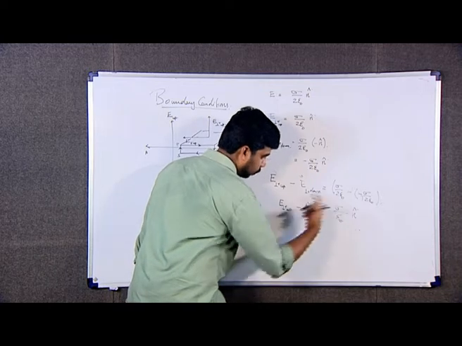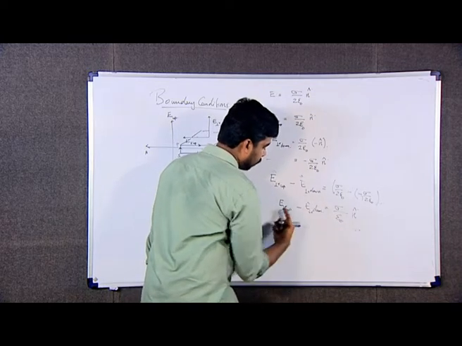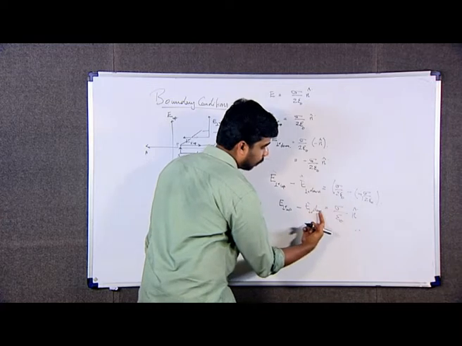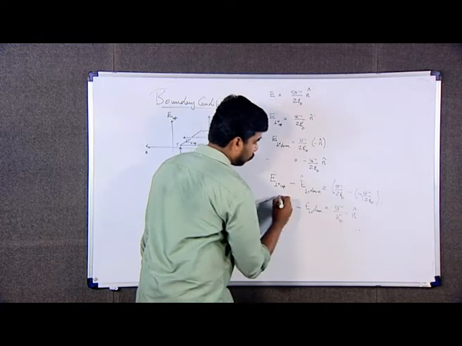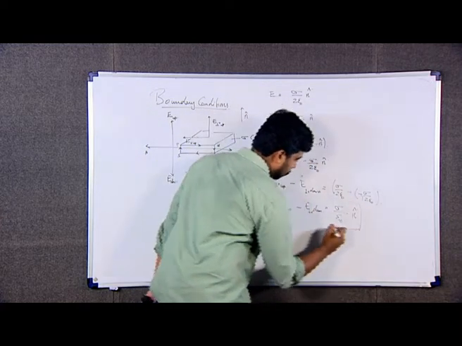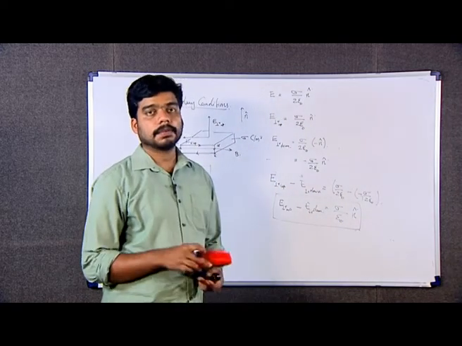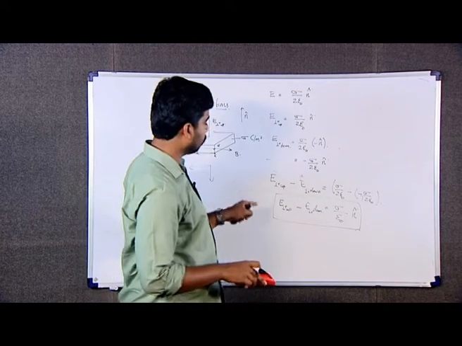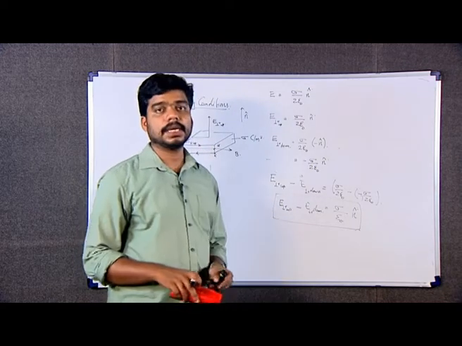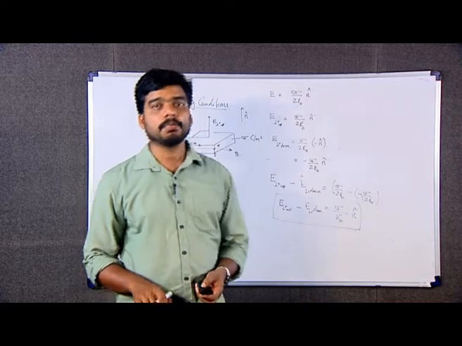In the vector form, E perpendicular up minus E perpendicular down is equal to sigma by epsilon 0 into n cap. That means the perpendicular component is discontinuous at the boundary.